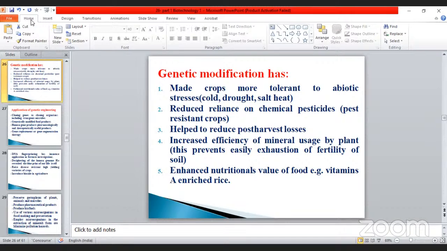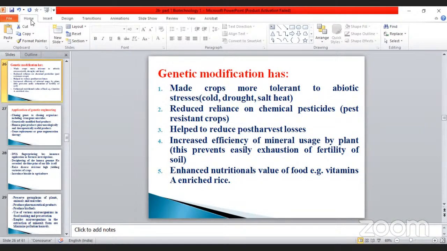Normal growth takes three or four months, isn't it? Suppose you want to harvest within 40 days, how will you? Nowadays, so many rice varieties have been identified, with 40 days, 30 days, 60 days. These are all considered under post-harvest losses.